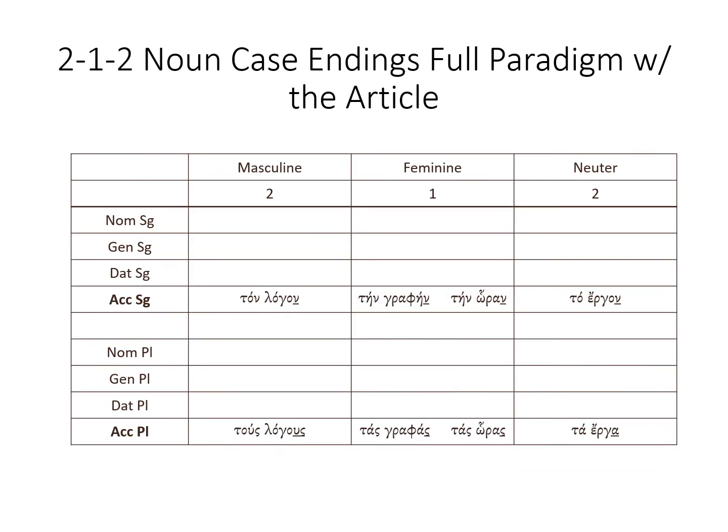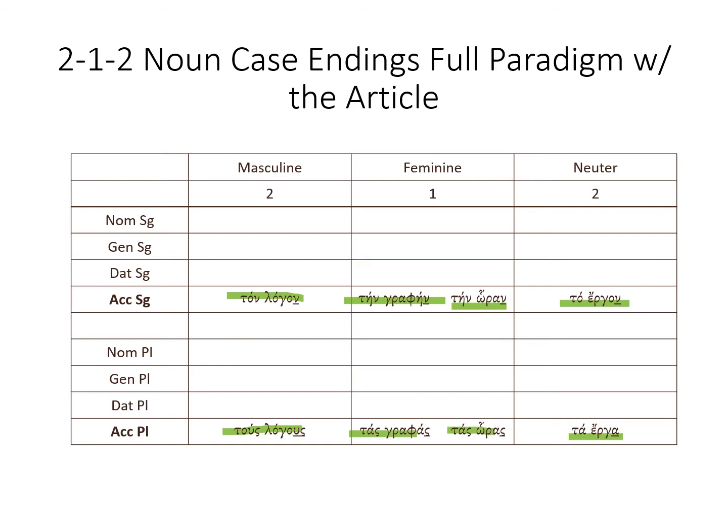When we think about what these combinations look like in actual letters: ton logon, ten graphen, ten choran, to ergon; tous logous, tas graphas, tas choras, ta erga.